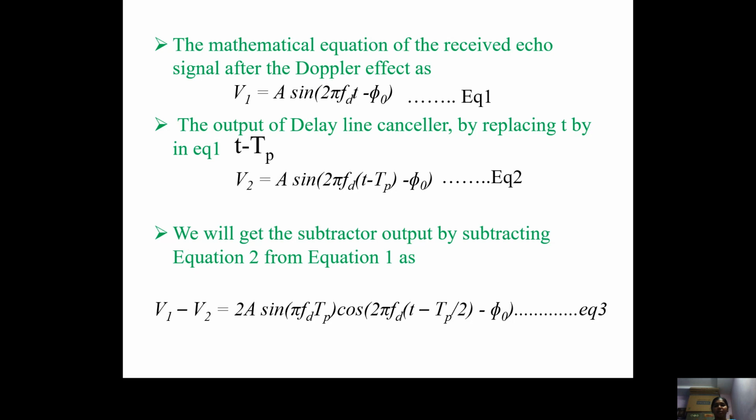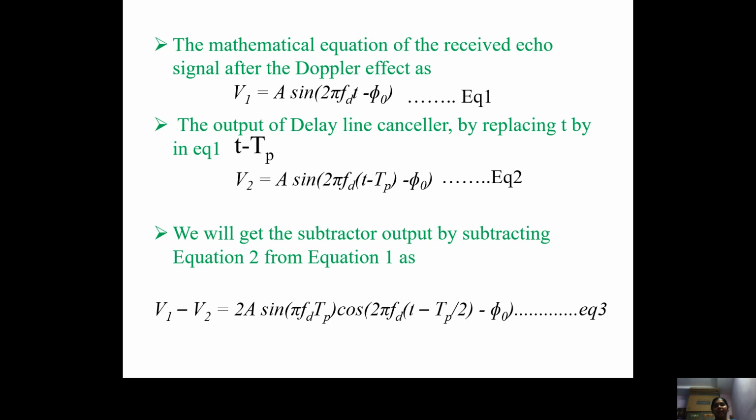The mathematical equation of the received echo signal after the Doppler effect is V1, which is given as V1 equal to A sin 2 pi (fd t minus f0), the same as the voltage of the conventional MTI radar.